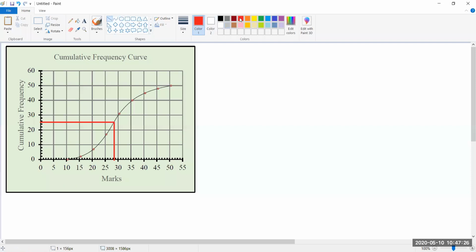So we'll go now at 12.5. So between 10, this is 12, 12.5 is here. And we draw our line going across, and then we have a line coming down. So what do you all think is that value there?